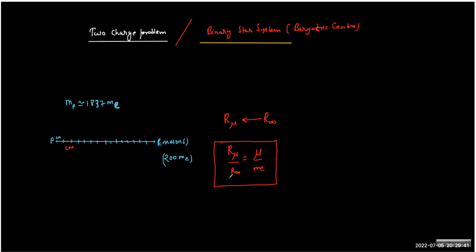So what we are going to learn is what happens if two charges move under the influence of each other's force of attraction, or how the planets move under the mutual attraction of gravitation. It's easy for you to understand in terms of gravitation. So let's say we have two masses M1 and M2.